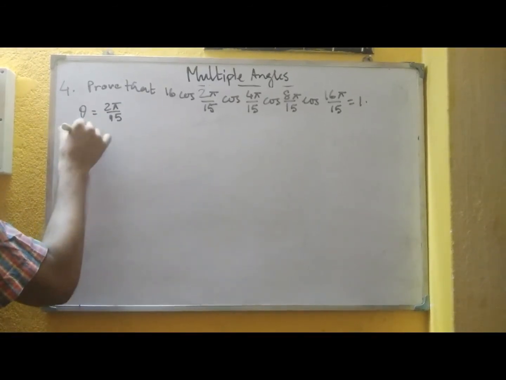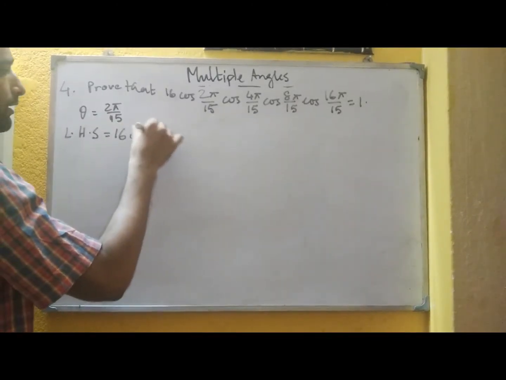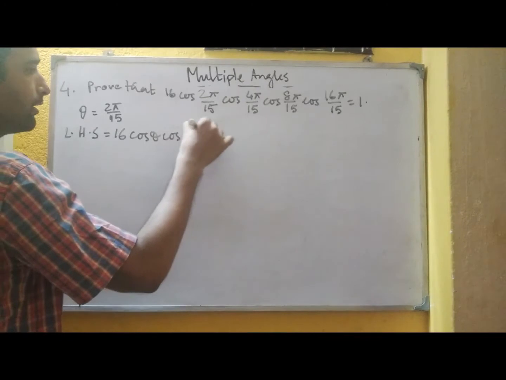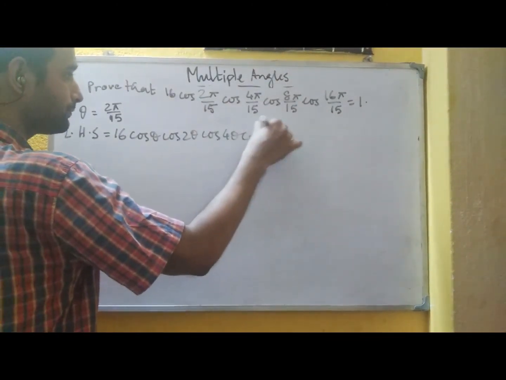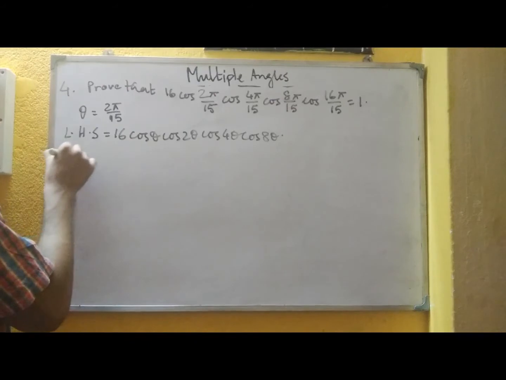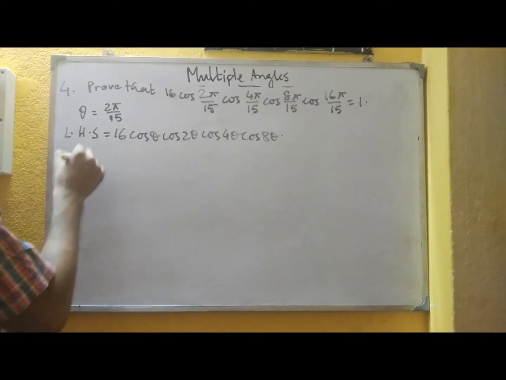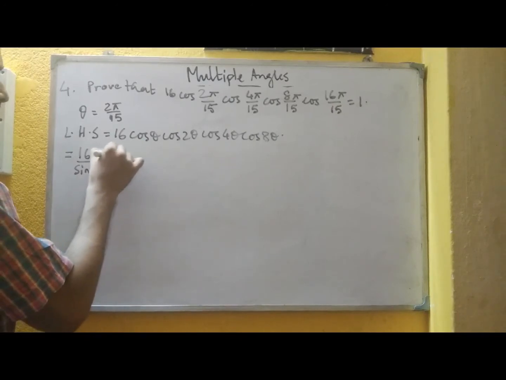Then see, we can write the LHS like this: 16 cos theta cos 2 theta cos 4 theta cos 8 theta. So then we are including a sine. For that we are dividing by a sin theta and multiplying by a sin theta.